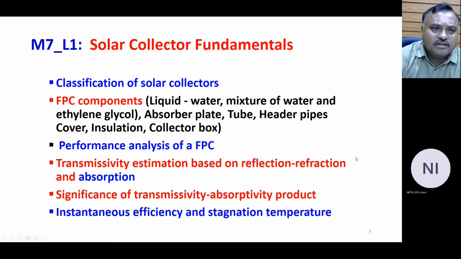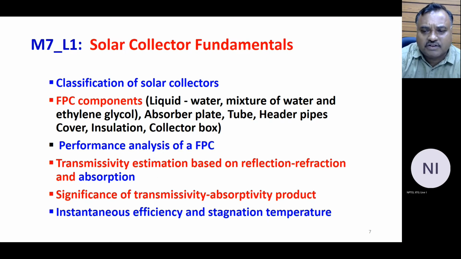In lecture 1 of module 7, we have discussed collector fundamentals, which are thermal collectors, starting with classification of collectors, then different components of a collector, then performance analysis of a flat plate collector, then transmissivity estimation based on reflection, refraction, and absorption were elaborated.